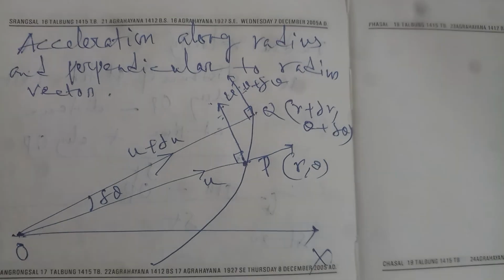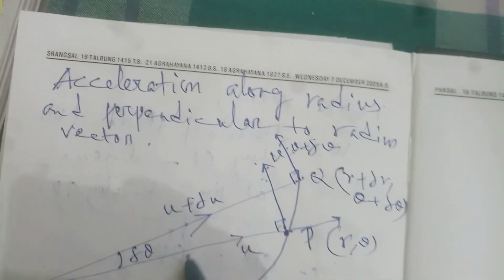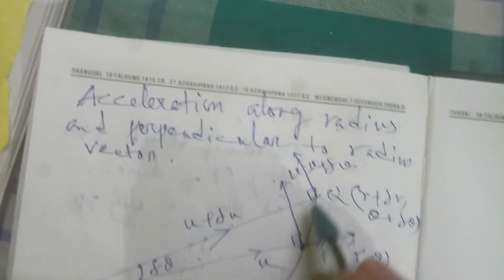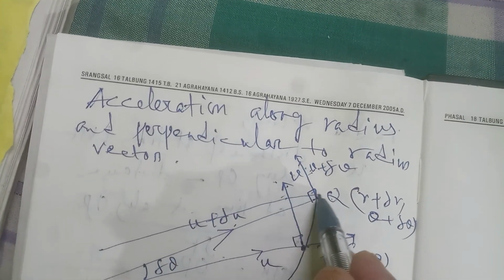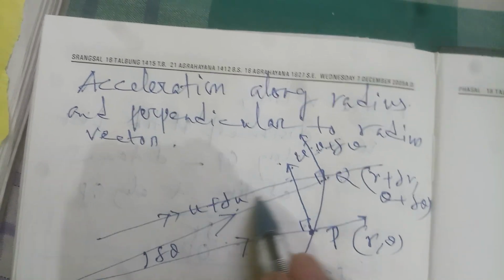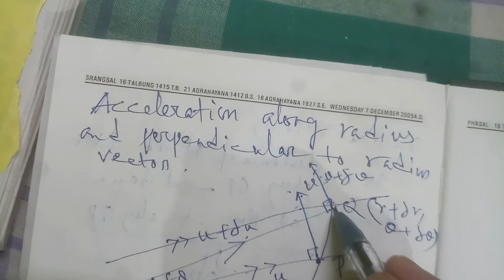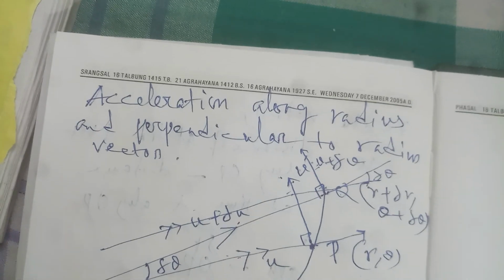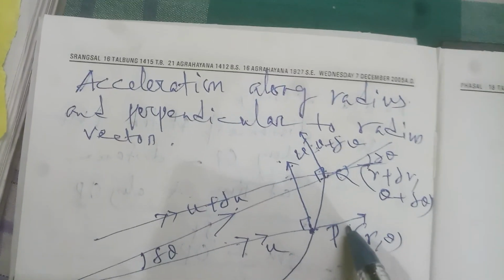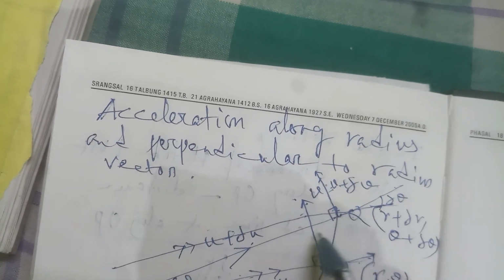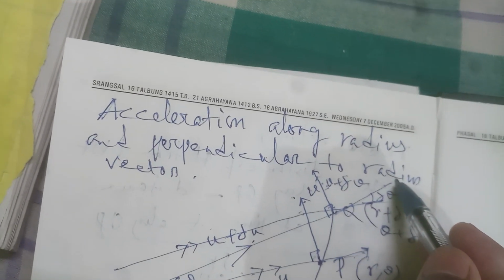Now let us draw a parallel line to OP at Q. So this is parallel to OP, and this angle is delta theta. This direction is along OP. At time t plus delta t, the radial velocity in this direction is u plus delta u.